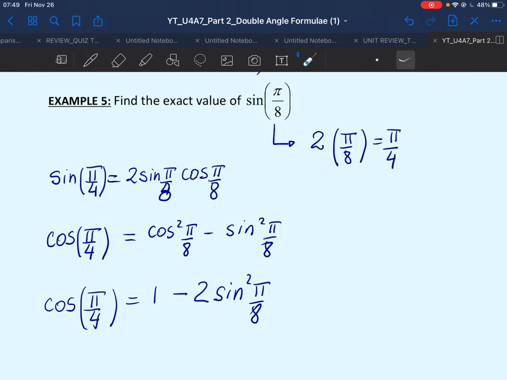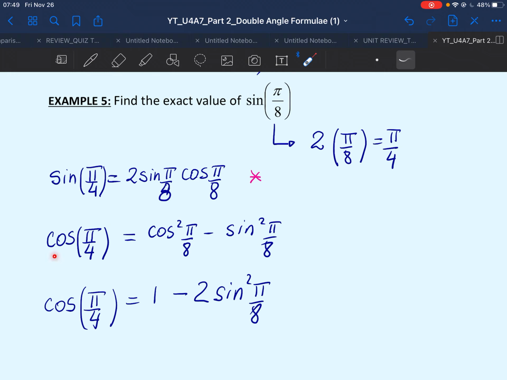So let's consider each and every one of them. If I want to use this formula, this will be my unknown. This one I will know because it's a special angle, but then I will have another unknown here, which is equally difficult to find as the one that I am asked. So I'm going to say probably this is not my best option.